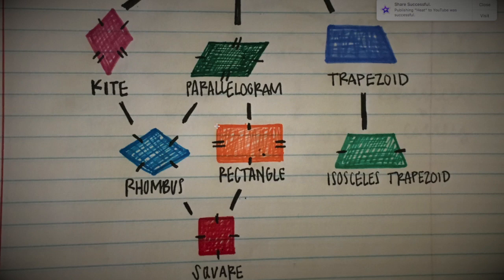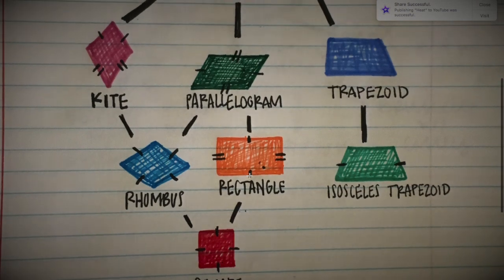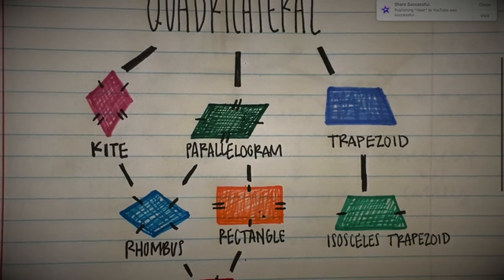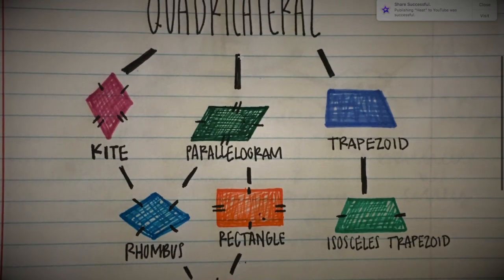Okay, so you can see our right angles here. I'm just kind of outlining it. Each of those corners make a right angle or a 90-degree angle. So this is the additional classification to make a rectangle a rectangle. So a rectangle is a parallelogram, and a rectangle is a quadrilateral.